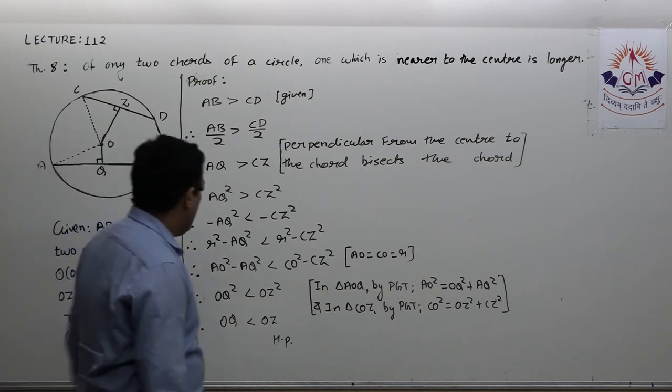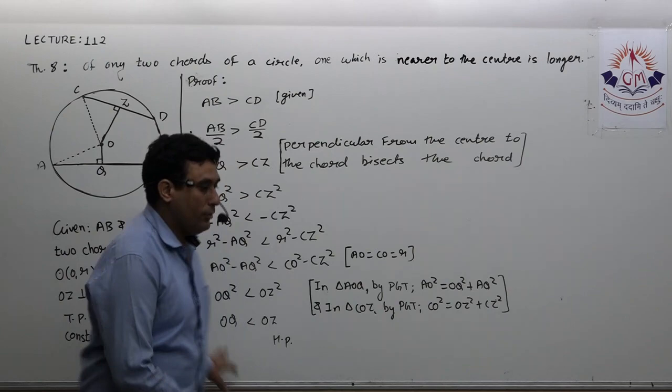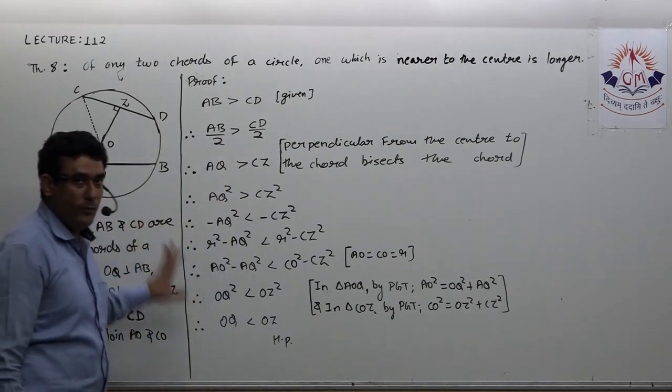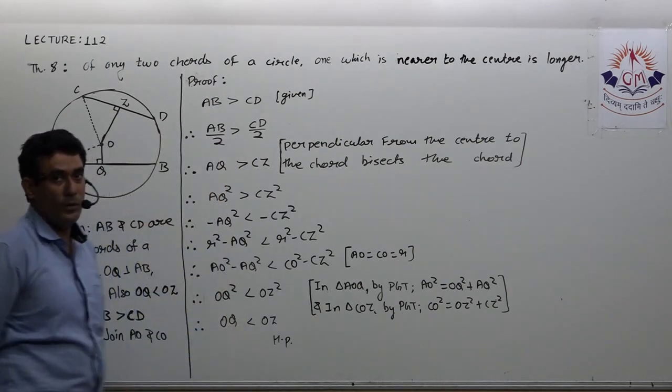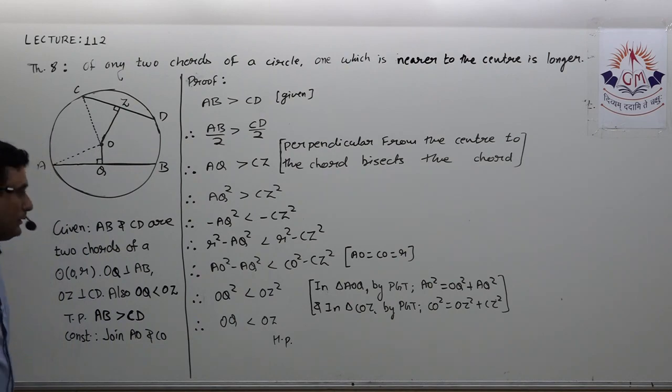One thing I am giving you as a hint: the solution or the proof of this theorem is already given on your screen. So try to connect how it is given on the screen and then I will explain it to you.